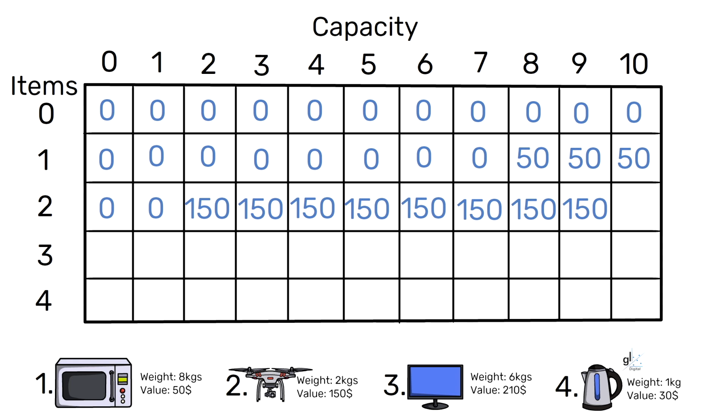However, when we consider the scenario presented to us with the final iteration of the inner loop for the currently considered item, i.e. when the capacity is equal to 10, at this point we can include both the microwave, which weighs 8 kgs, and the drone, which weighs 2 kgs within our container, because at this point our code is considering a capacity of 10, and our code is considering the second item, the drone.